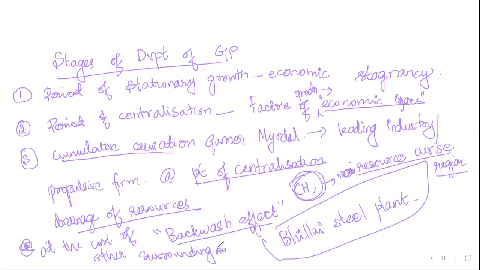This is given by the cumulative causation model of Gunnar Myrdal as backwash effect. It is given in this theory in the name of backwash effect. Okay, so that is my third important concept.